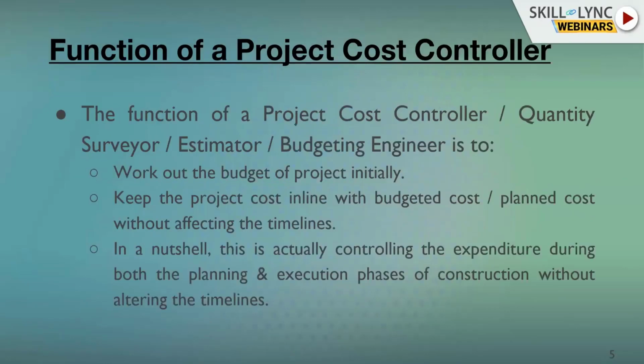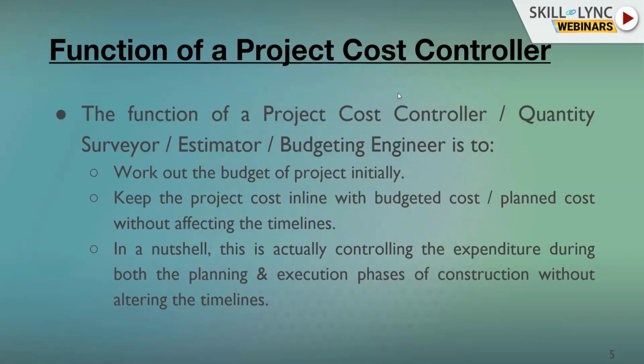Now we'll see what the function of the project cost controller is. Basically, these are the responsibilities. The function of the project cost controller, whom we also call quantity surveyor, estimator or budgeting engineer, is to work out the project budget initially and keep the project cost in line with the budgeted and planned cost without affecting the timelines.